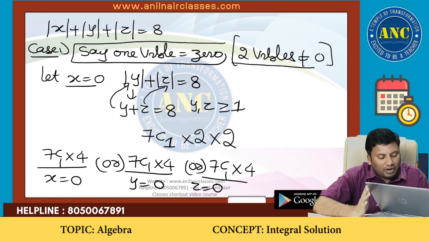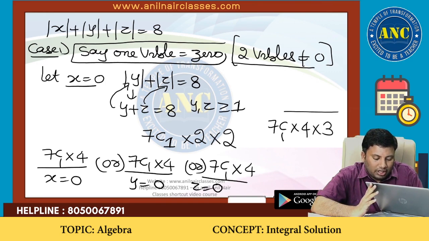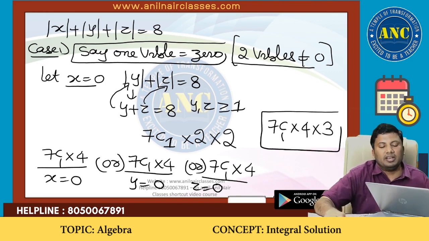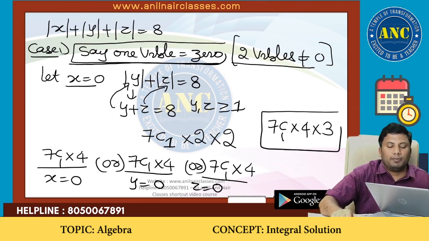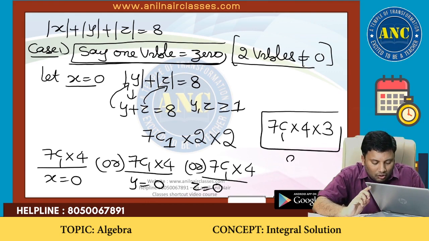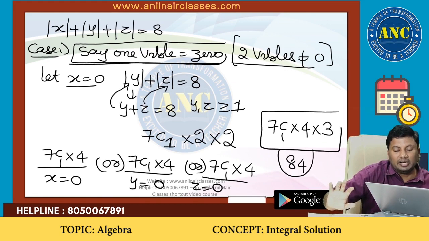So x0 or y0 or z0 is nothing but 7C1 into 4 into 3. What is the first case? One variable should be equivalent to 0. 12 sevens are, the answer is nothing but 84. I hope you are understanding the concept.